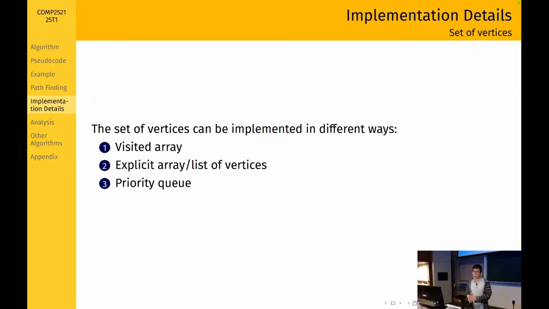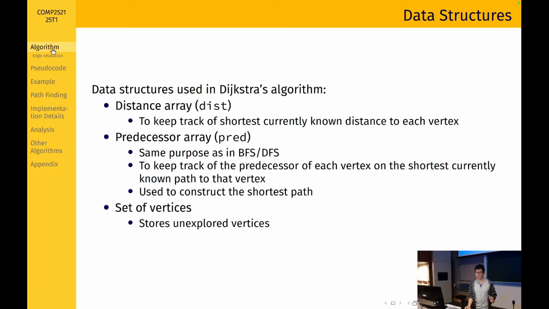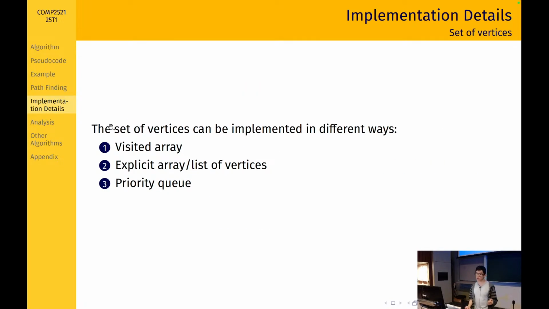Okay, so now what we're going to talk about is a few implementation details. In the pseudocode, one part of the algorithm which was kind of abstract was the set of vertices. So how do we actually implement the set of vertices? Well, there are a couple of different ways we can do it.